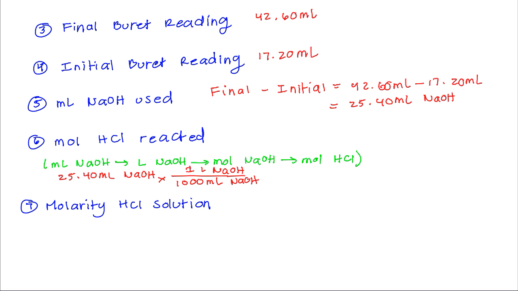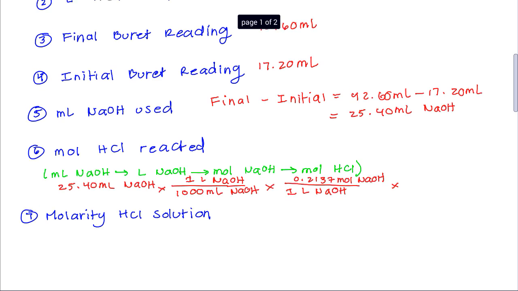The next thing is we're going to use our concentration. Again, concentration is in moles over liters. So the next thing we need to do is put in for every 1 liter of sodium hydroxide, we calculated that we have 0.2137 moles of sodium hydroxide.